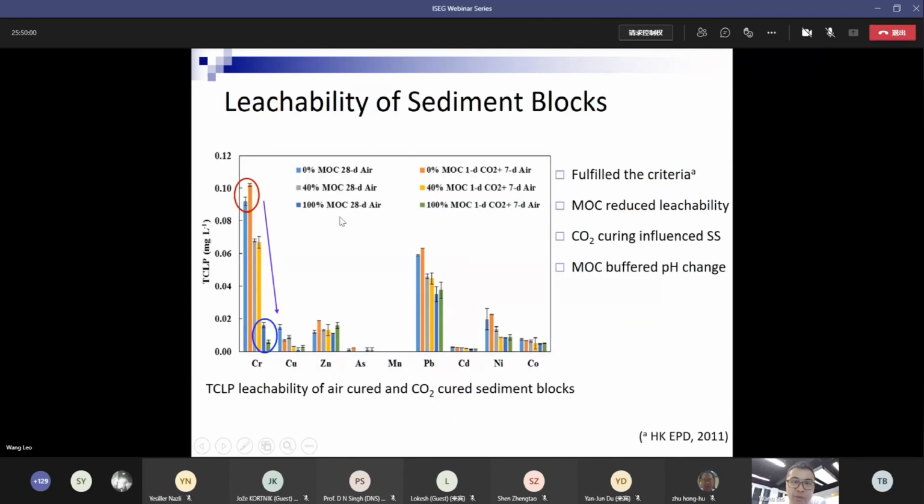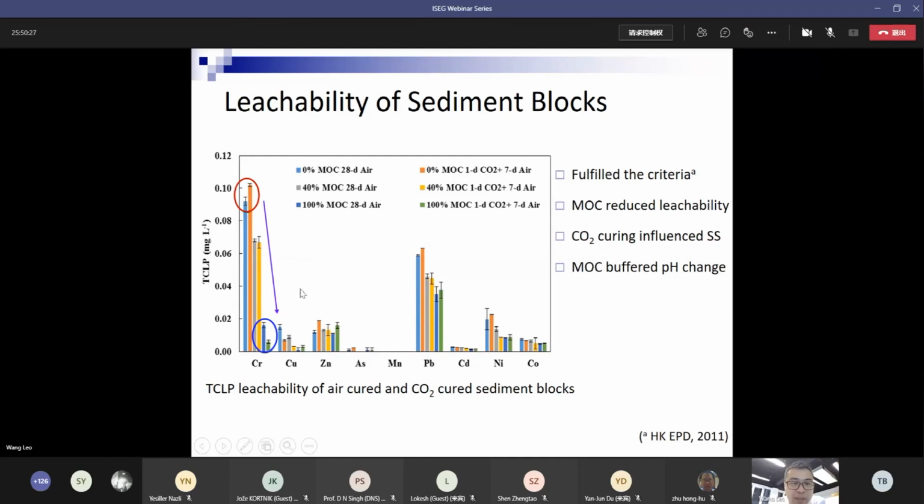And we also conducted the TCLP test, and found the MgO addition can significantly reduce the leachability of most heavy metals, and the CO2 curing only slightly influences the immobilization efficiency.